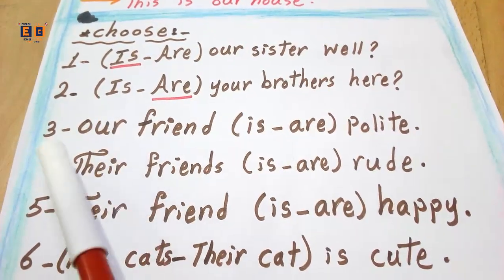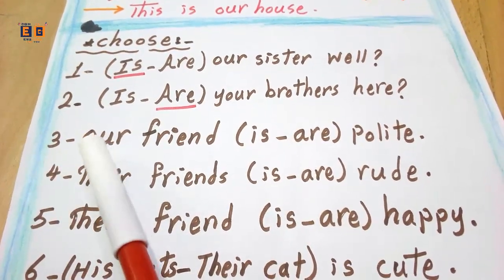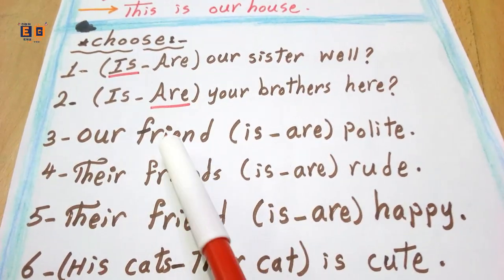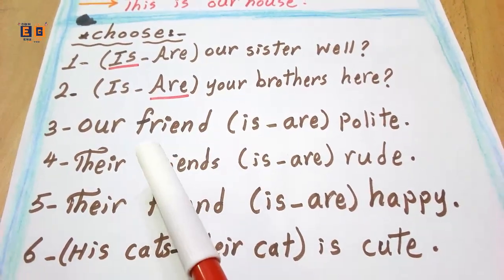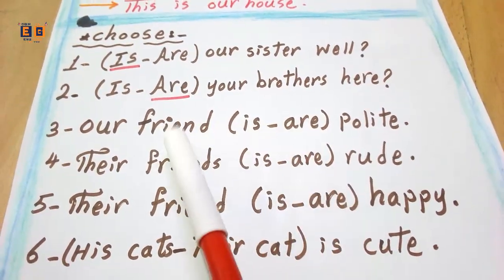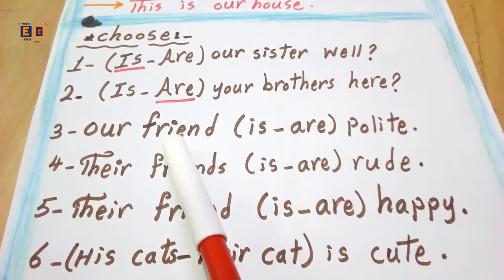Here is our. In itself, our refers to the ownership for the subject pronoun we as a plural, but here is the word which defines for us the singular or plural choice, the word which comes after the possessive adjective. It's friend.